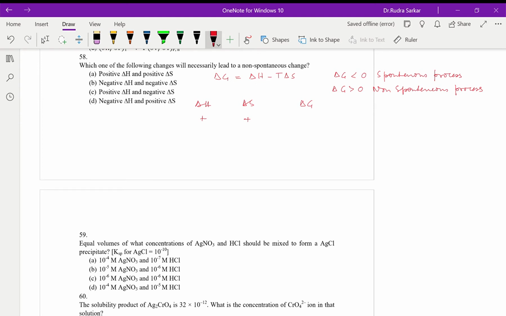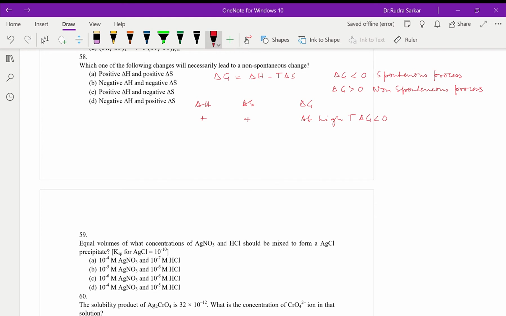So at high temperature, delta G can be negative. So this can be a spontaneous process at a certain condition, that is high temperature.